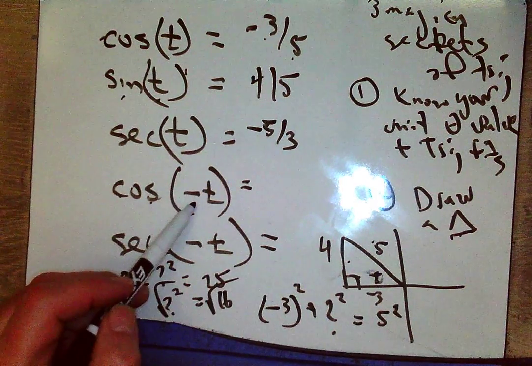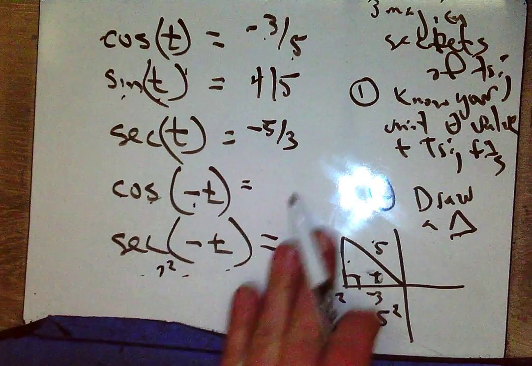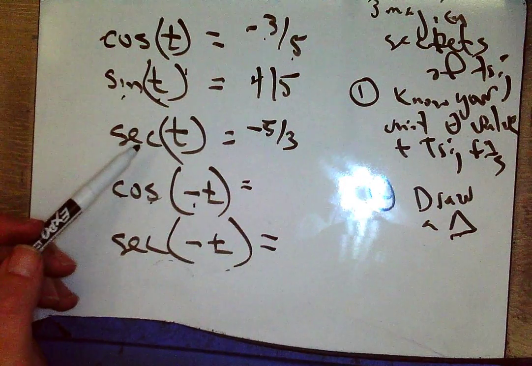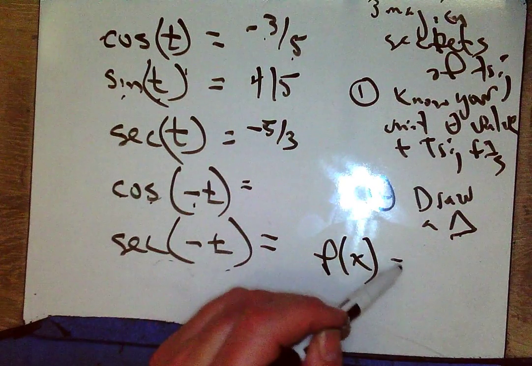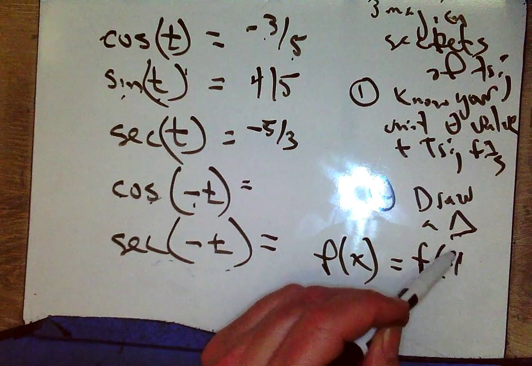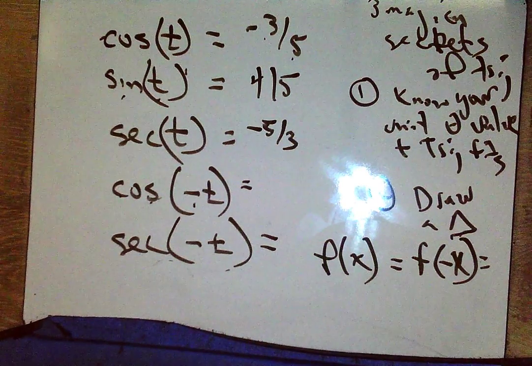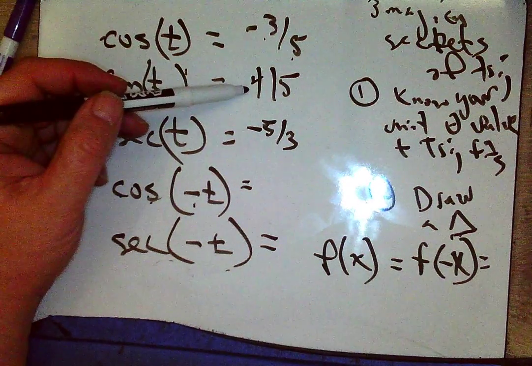Cosine of negative t. What? Well, remember, cosine is an even function. And that means that whether I plug in a positive or a negative, I get the same value. So, plugging in a positive t, look at this.